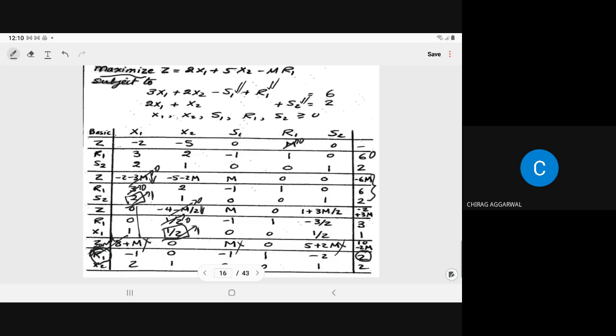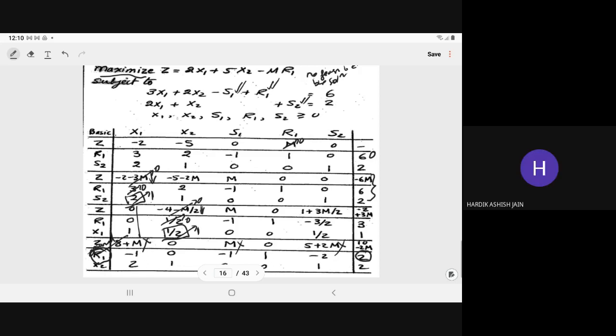So this implies that the current problem has no feasible solution. Whenever an artificial variable is at the positive level in the optimal table, we say the current problem has no feasible solution. Am I clear?